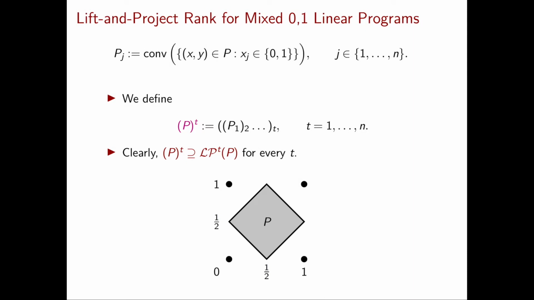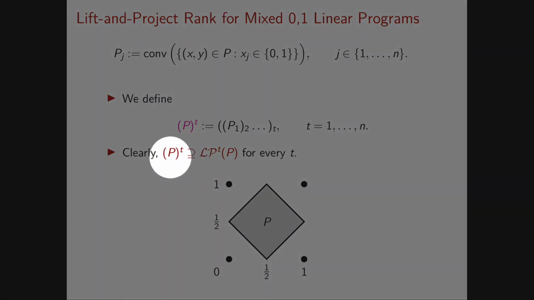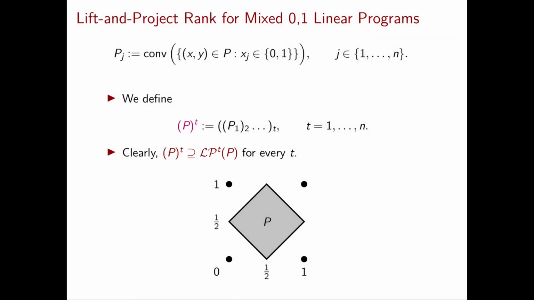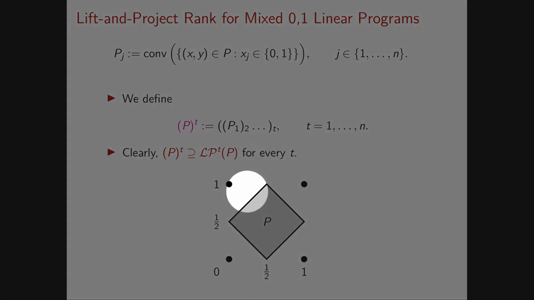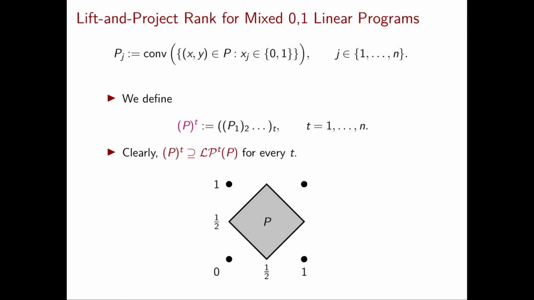Now it's clear that P superscript t always contains the lift and project closure number t of the polyhedron P. And to see this, one just needs to observe that at every iteration in the set P superscript t, one convexifies only with respect to one index, while at every iteration of the lift and project closure, one convexifies with respect to all indices separately and then takes the intersection of them. Let's see an example of this set P superscript t, and we're going to visualize it once again in our old example here.